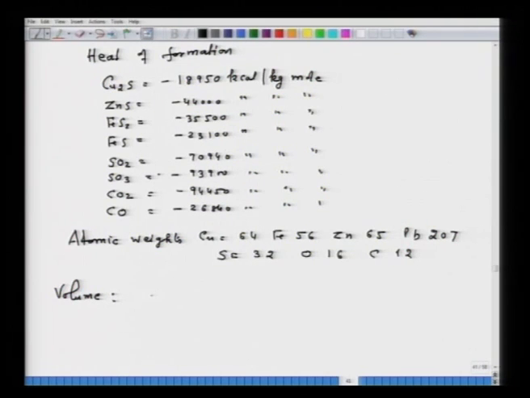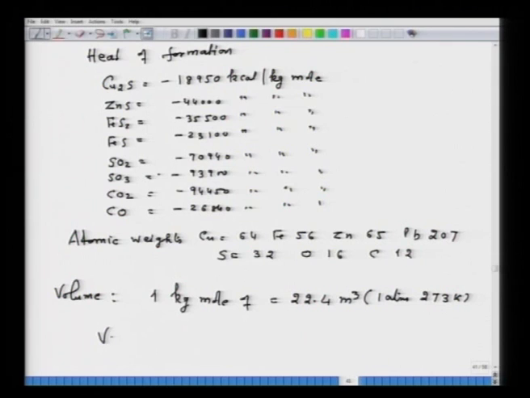The volume of gas I will be expressing for, say, 1 kg mole of any gas is equal to 22.4 meter cube at 1 atmosphere and 273 Kelvin.